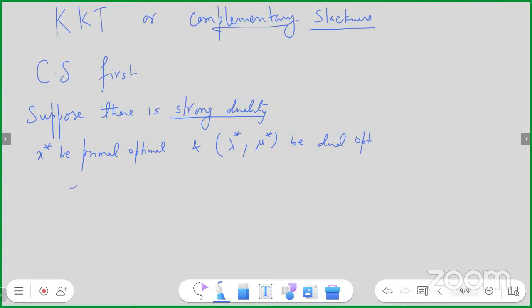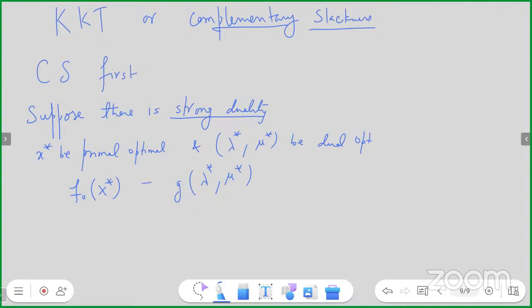So what does it mean? That f0 of X star, you guys do this, g of lambda star, mu star. What should be the relationship between the two when there is strong duality? Strong duality, then it is equal.